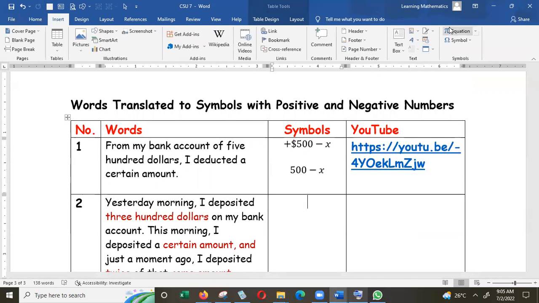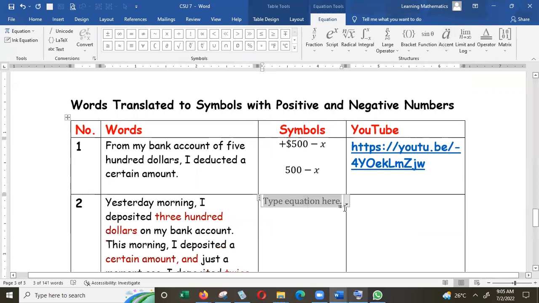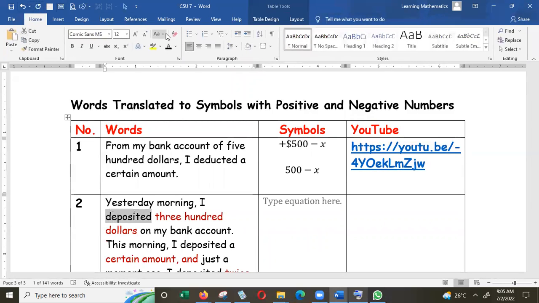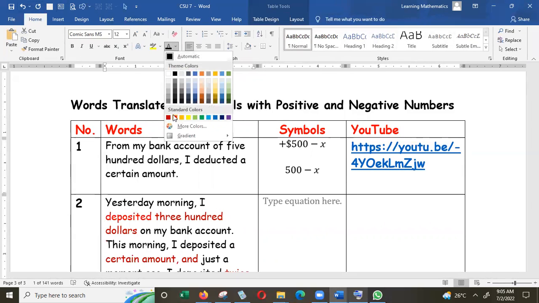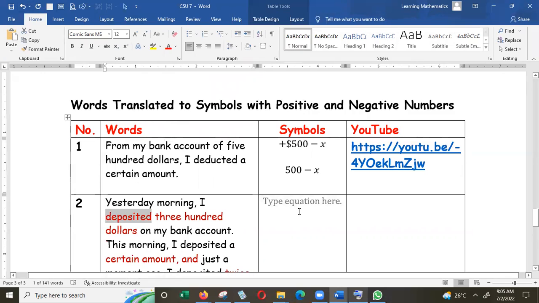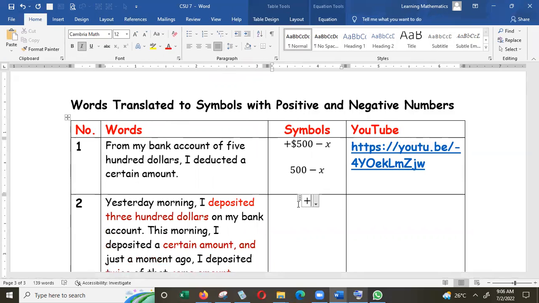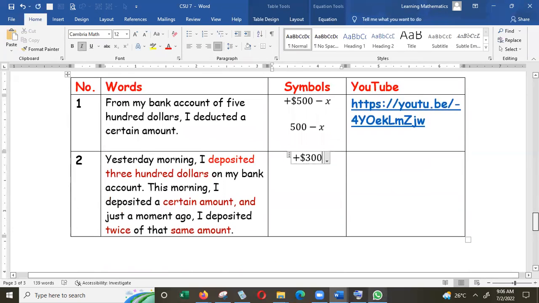So the translation for depositing $300, actually the word deposit, we can also highlight it as a keyword in mathematics, symbolizing quantification: plus $300. And here's the symbol for the dollar sign. Okay, so this plus $300 is the translation for depositing $300.